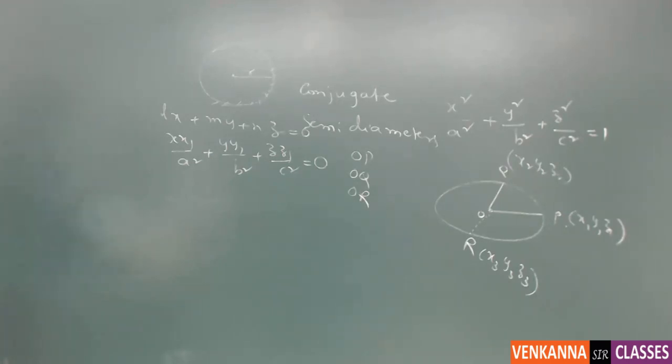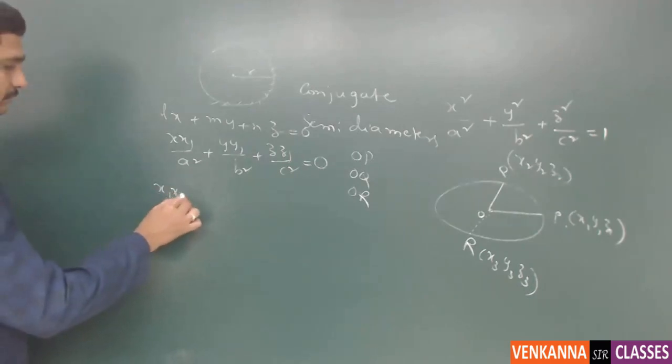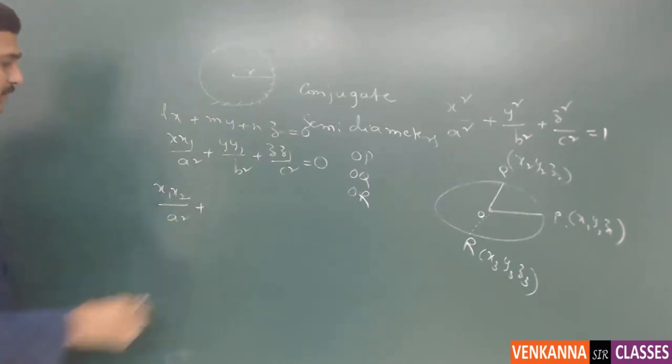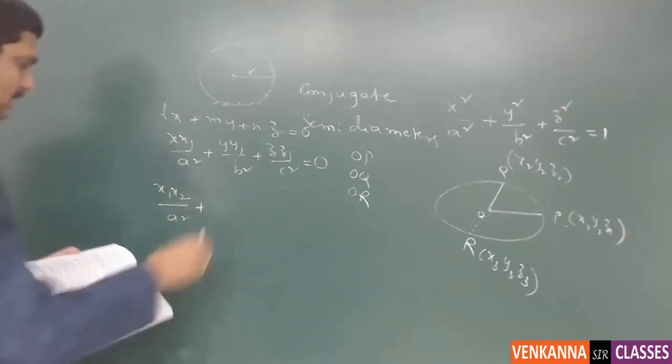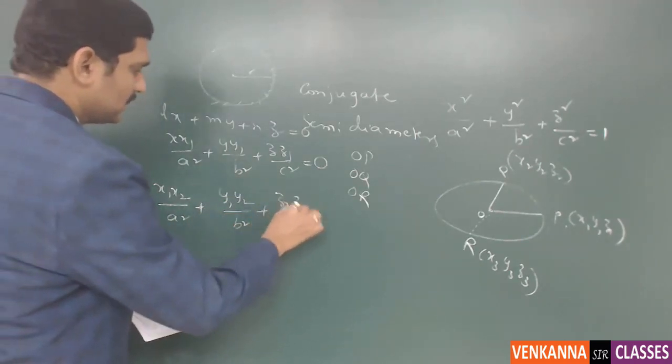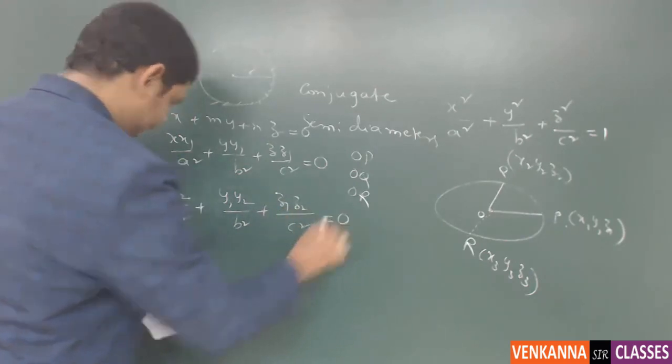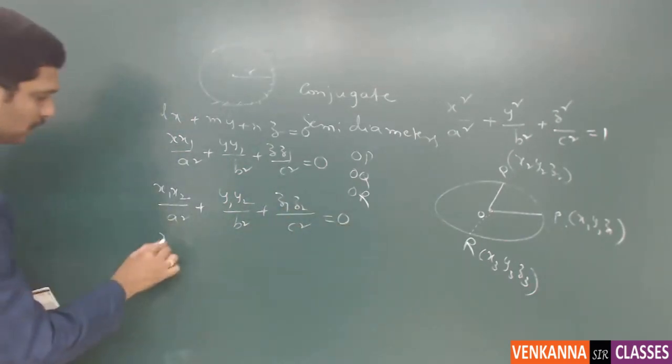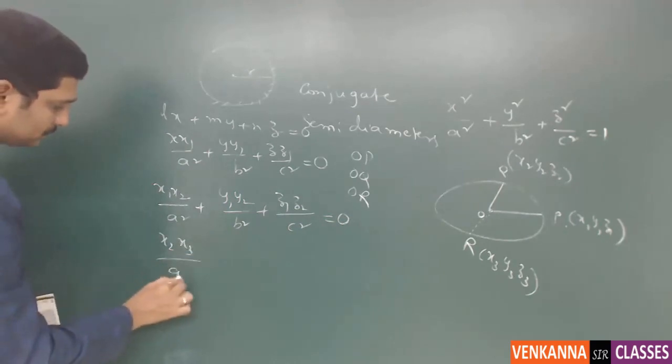So one property is x1 x2 by a square plus y1 y2 by b square plus z1 z2 by c square equal to 0. You take 2 pairs.